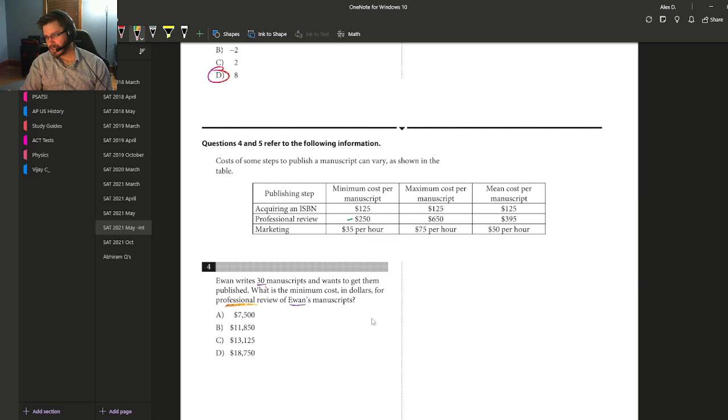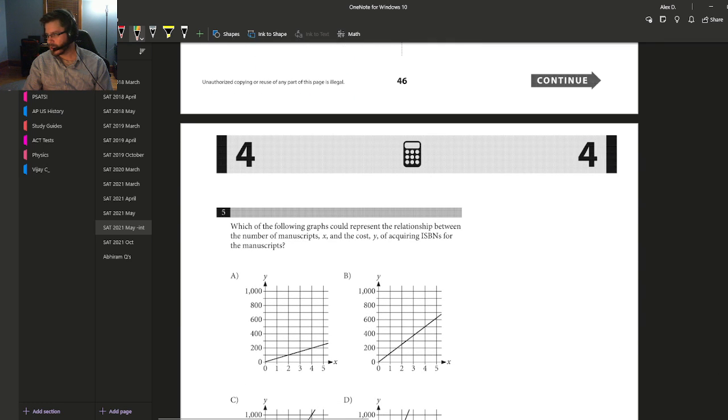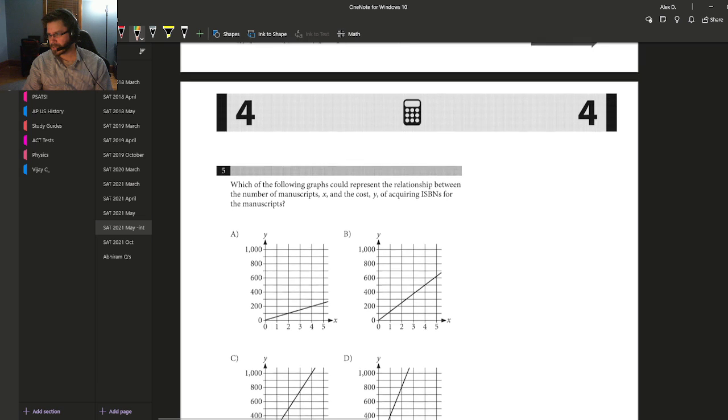So 250 times 30. 25 times 3 is 75. I'm just going to verify that on the calculator real quick. Yeah. Sometimes I like to double check.